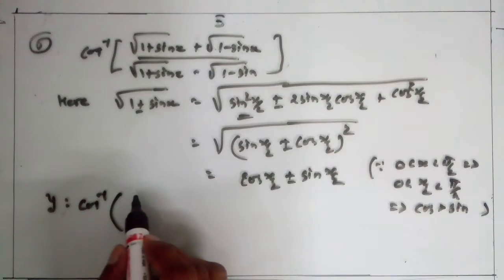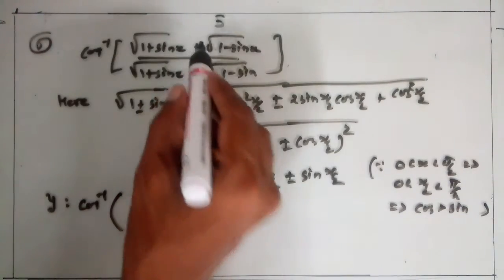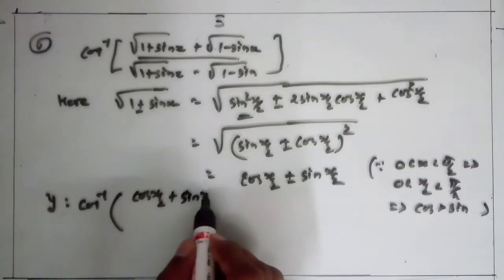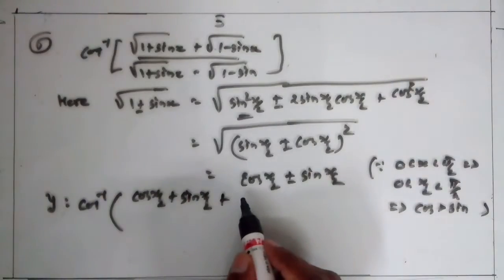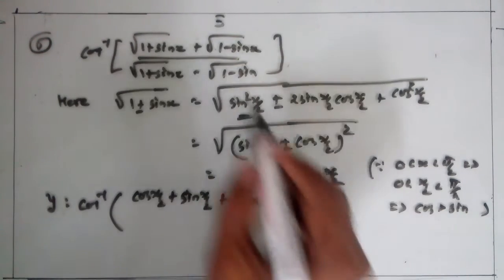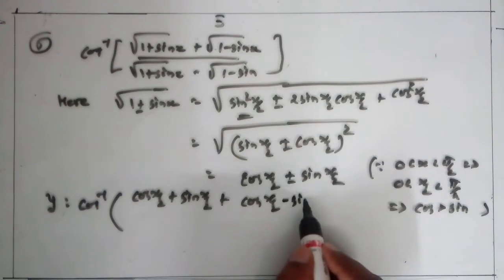Root of 1 plus sin is cos x/2 plus sin x/2, so we take a plus sign; root of 1 minus sin is cos x/2 minus sin x/2, so we take a minus sign.